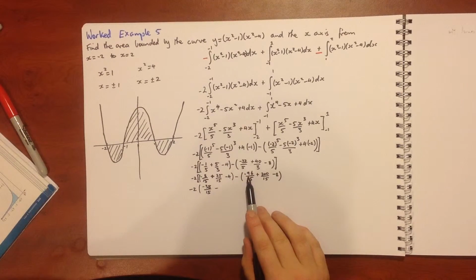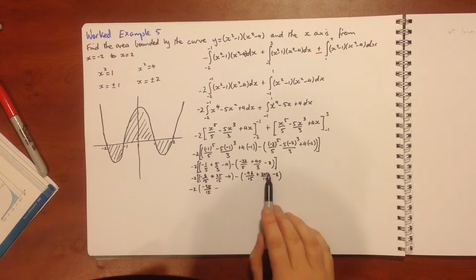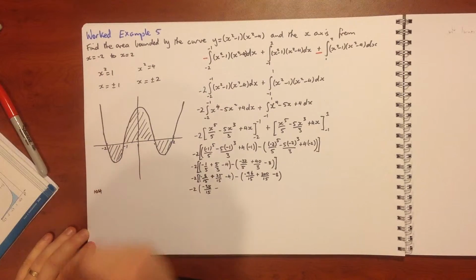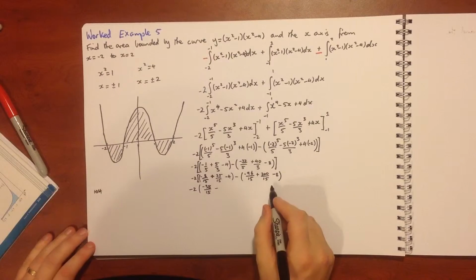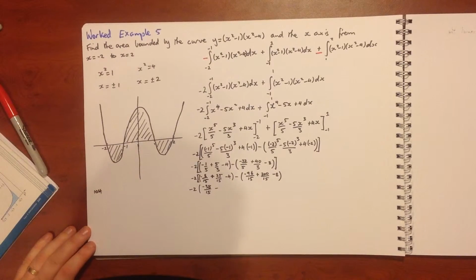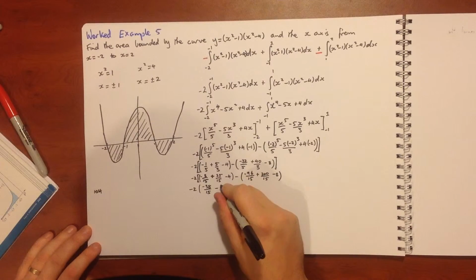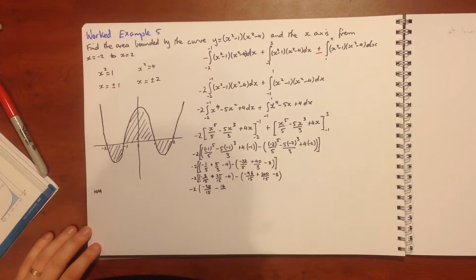Minus, well, we've got minus 96 plus 200 gives us 104. And then we've got to take away another 120. So that's going to give us minus 16 on 15.